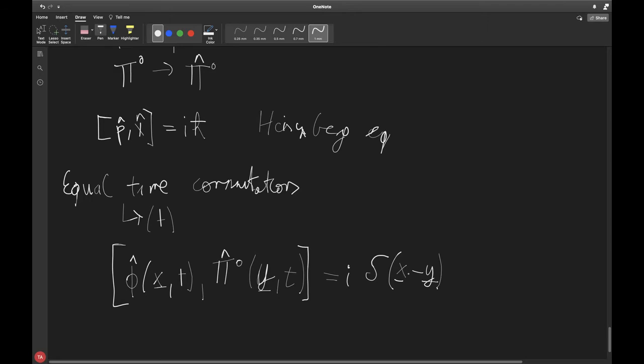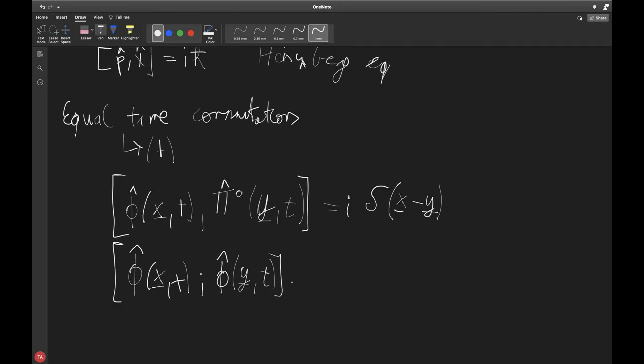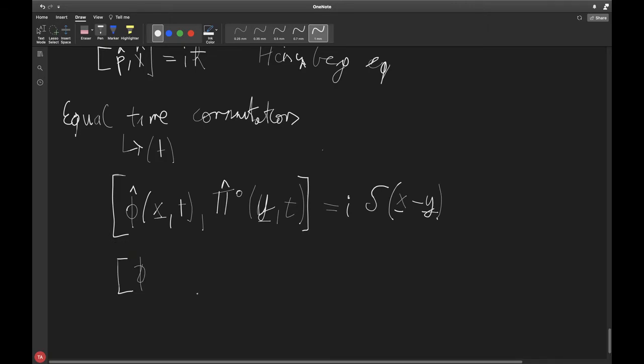So now that we did this, let's now look at what happens if we take the commutator of this phi at the point x and the time t with another field operator which is located at the y point and the t time.